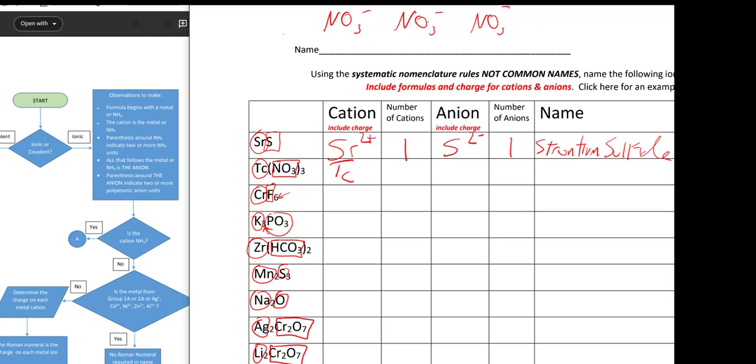And so there's 3 of them. The total charge contribution of the 3 nitrates is -3. Okay, the charge of the 1 technetium and the total charge from the nitrates must sum up to 0. So I'm going to label the charge on the technetium X.